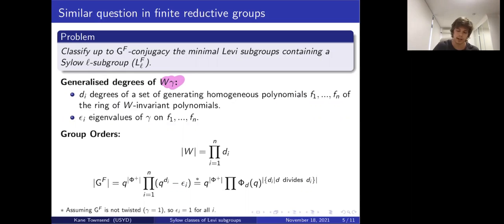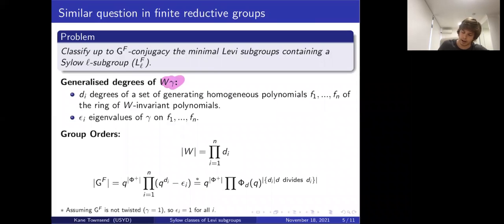So you have these d_i, which are the degrees of a set of generating homogeneous polynomials of the ring of W invariant polynomials. And you have these epsilon_i, which are the eigenvalues of gamma when they act on these homogeneous polynomials. And so you have these nice formulas for the Weil group and the finite reductive group, GF, in terms of these degrees and generalized degrees.